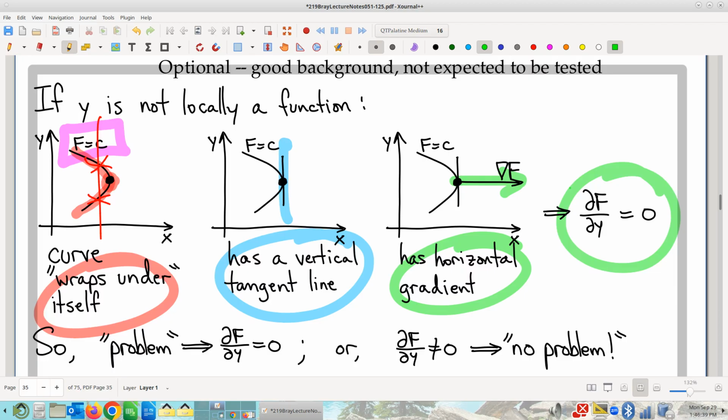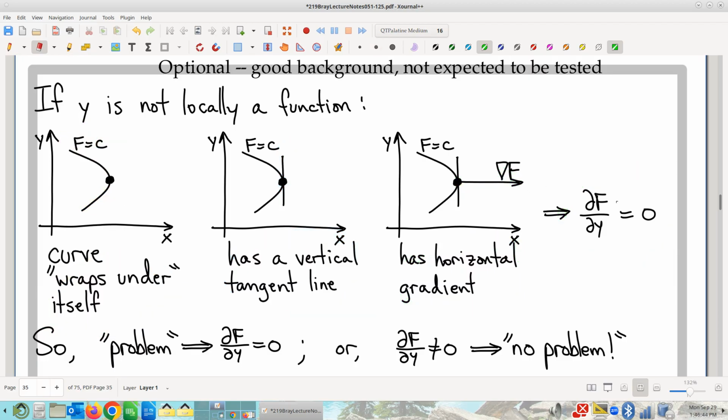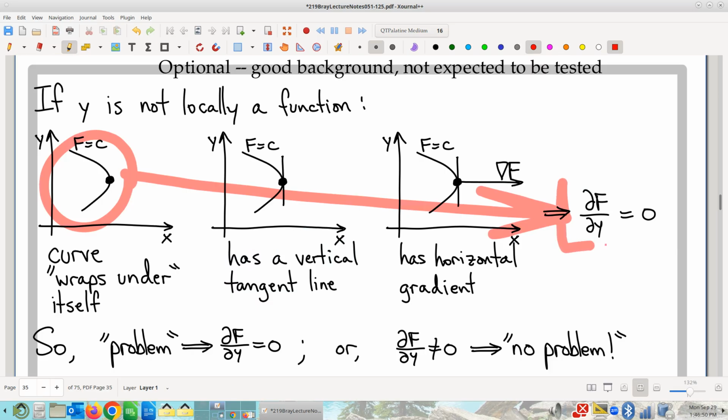So just to summarize, this line of reasoning suggests that a problem would imply that the y partial has to be 0, and we're going to turn this into a useful result by taking the contrapositive.